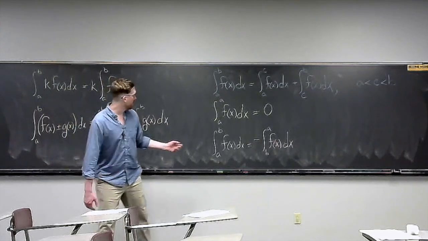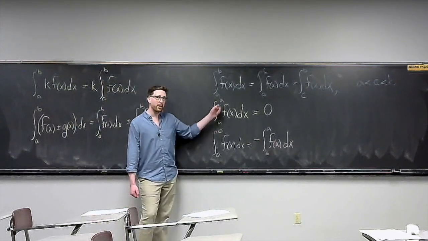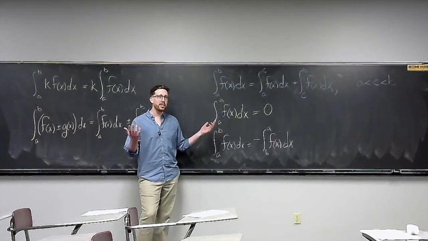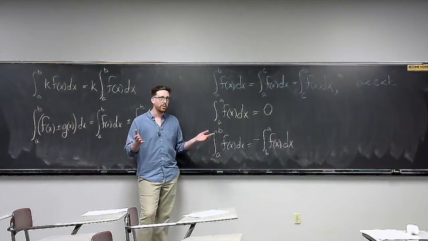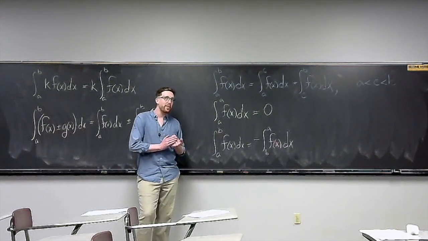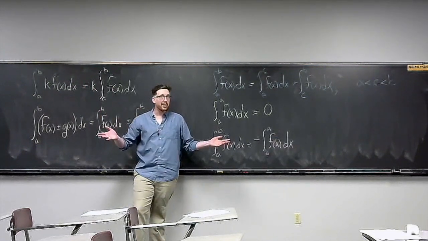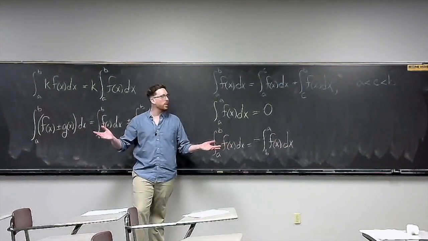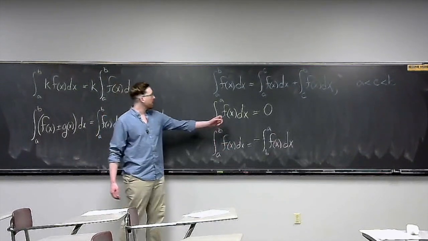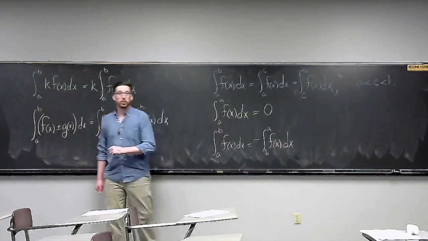But here we're saying b and a are the same value, right? So that's 0 divided by the number of rectangles. And it doesn't matter if you let the number of rectangles go to infinity or not, you're always going to be at 0. That's a constant value, right? And that's why this integral comes out to be 0.